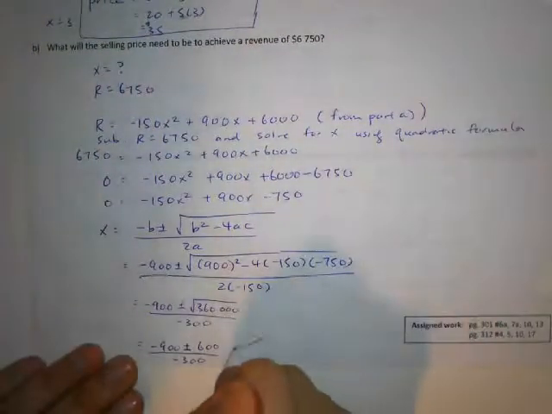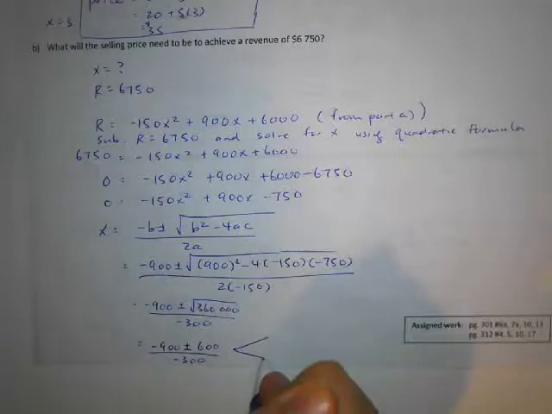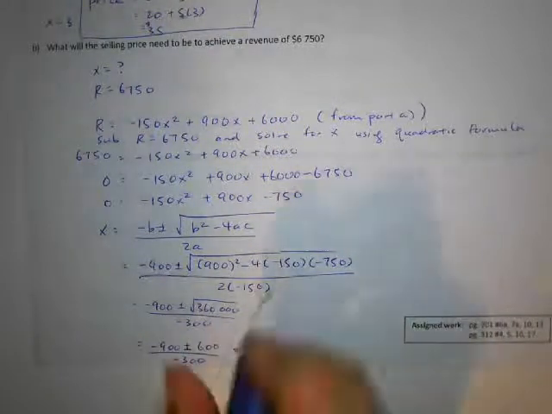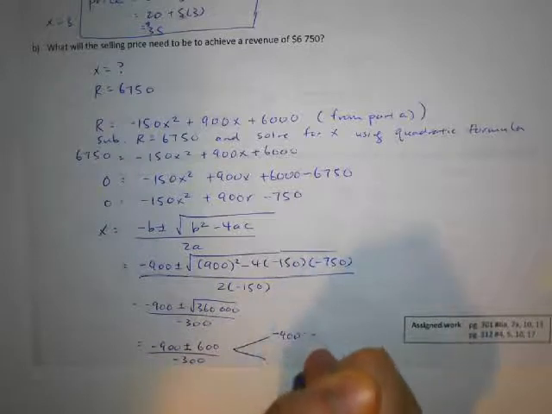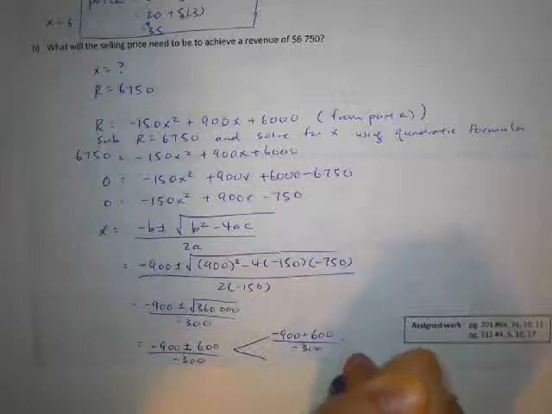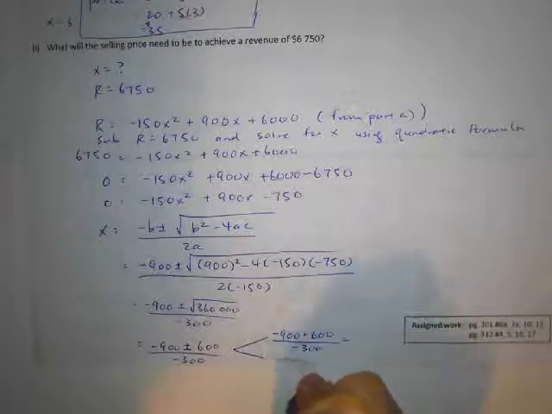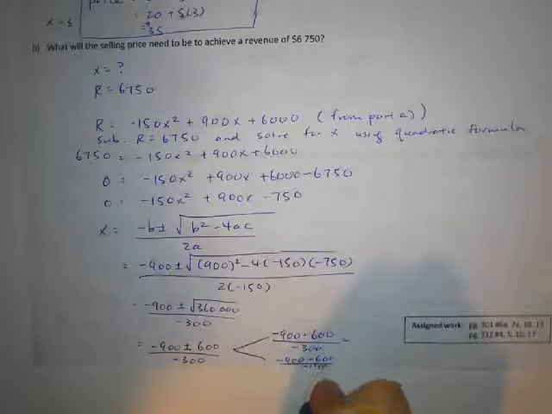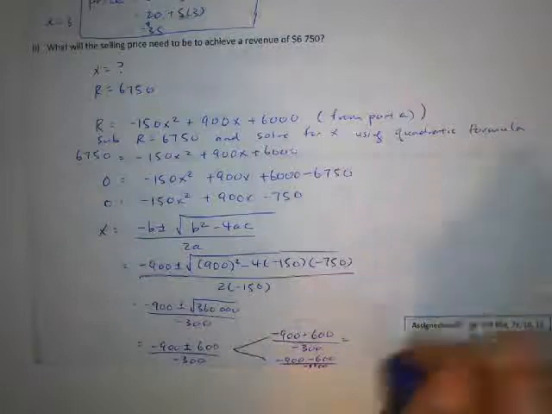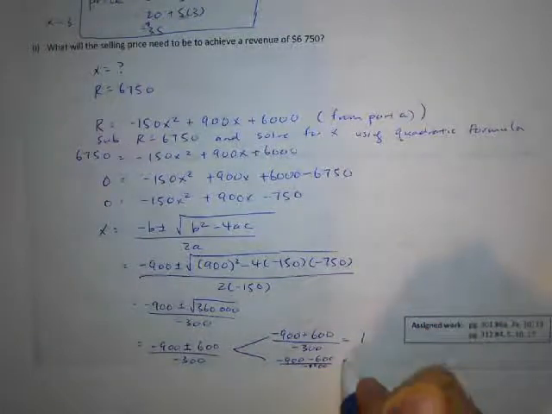So 2 possible values for x. This is negative 300, okay? 1.